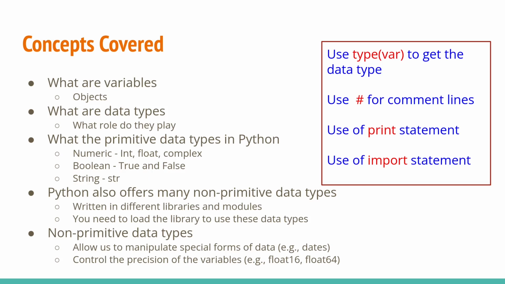So it handles a lot of these things in the back end, but nonetheless, knowing what data types are plays a very important role, especially when your calculations are not turning out correct. There is a good chance that there is a data type mismatch that you have to fix before the calculation can proceed.